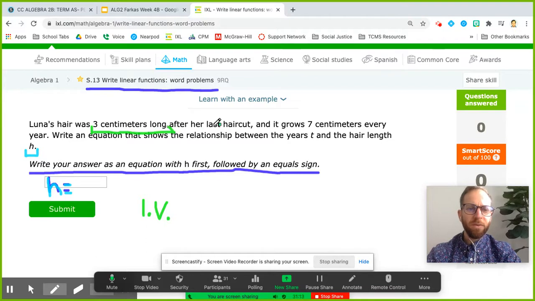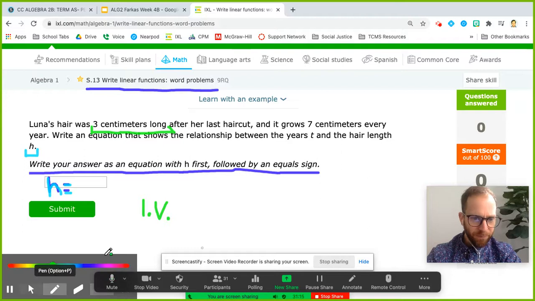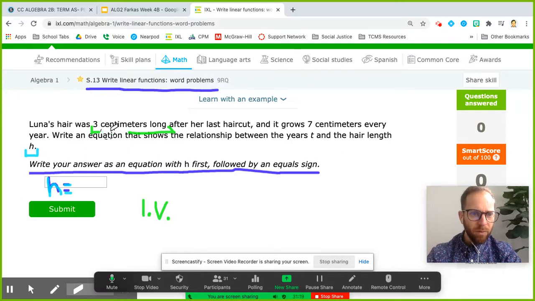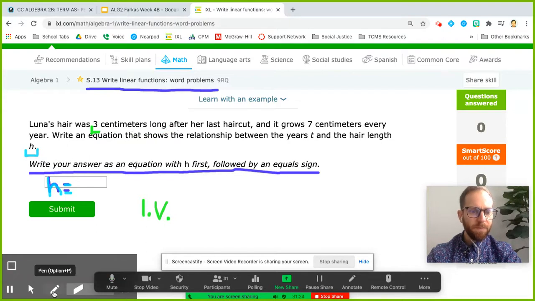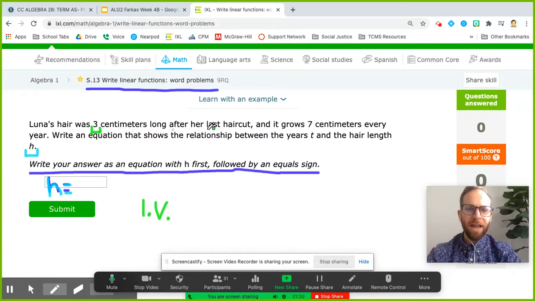Let me just do the 3 since that's what's going into our equation. So our initial value will be 3. And we know that because it said after her last haircut, right? So after her last haircut, that's where we started from. So your initial value will be 3.